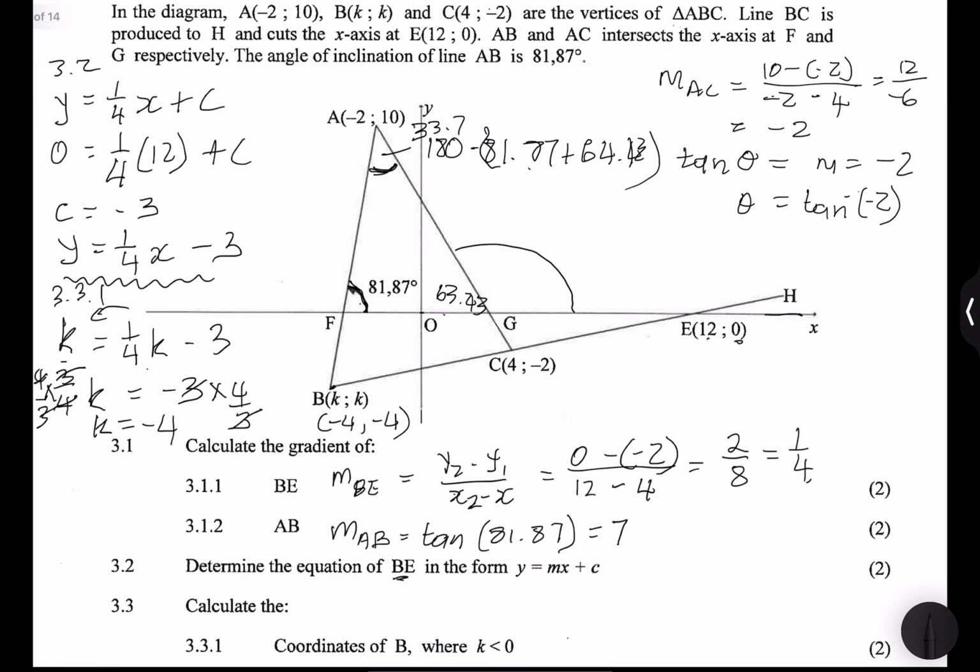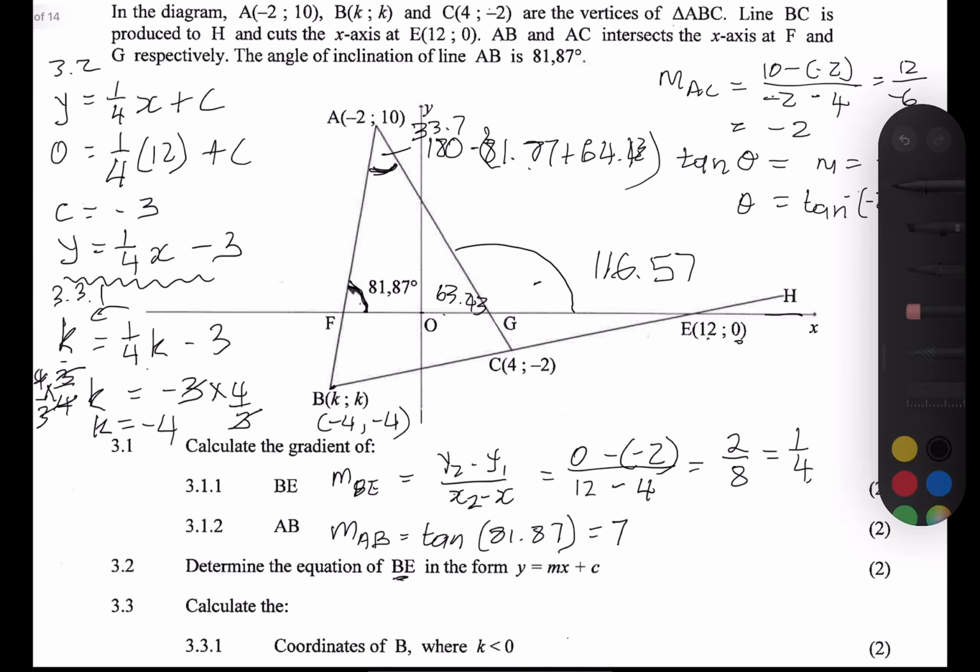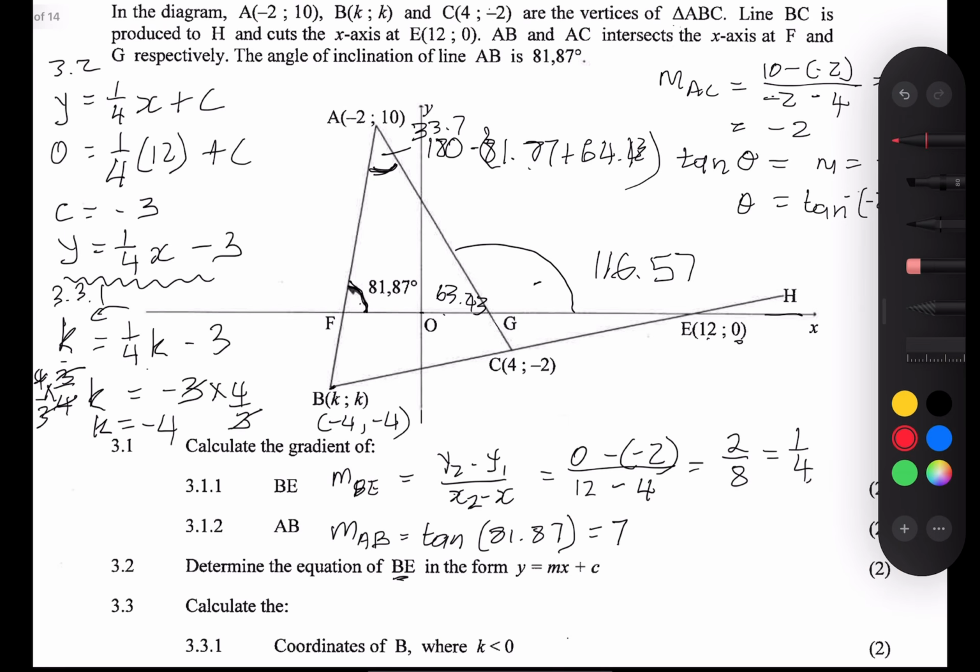Alternatively, remember I said you could have found this angle here, and if you take 180 minus 63.43, what you get there is 116.57. But remember, we can now use, let me just use a different color there.